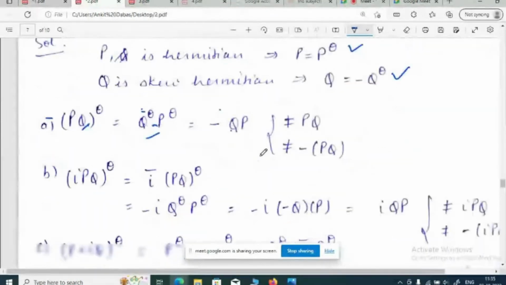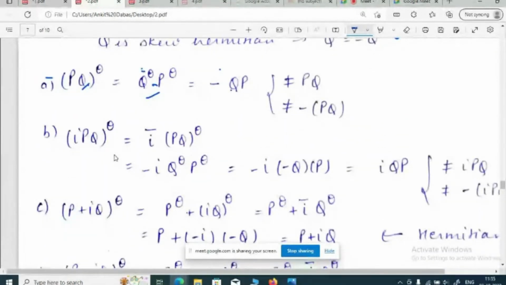For the second case, we are given iota PQ. Here we will compute the conjugate, because in the question we are asked if it will be Hermitian or not. Because iota is a scalar, we can take it out, with the property that when computing the conjugate, we take the conjugate of the scalar and the conjugate of the matrix.